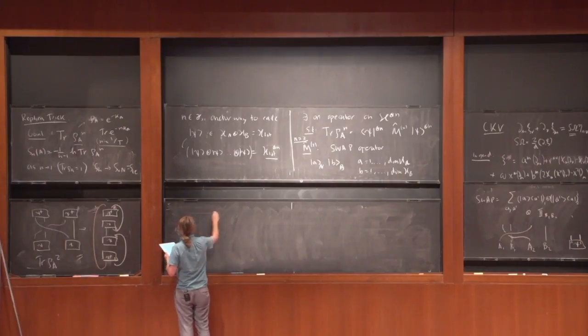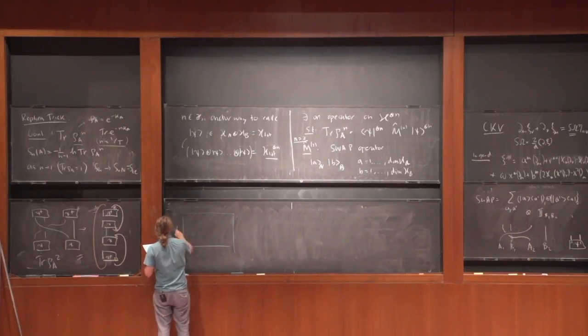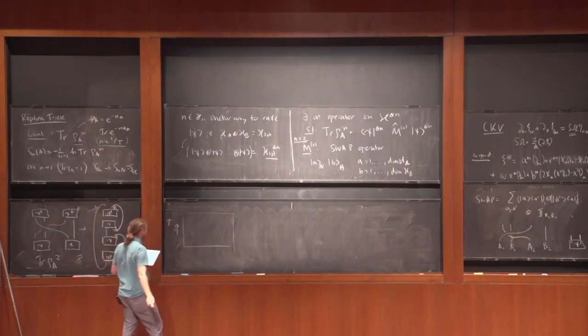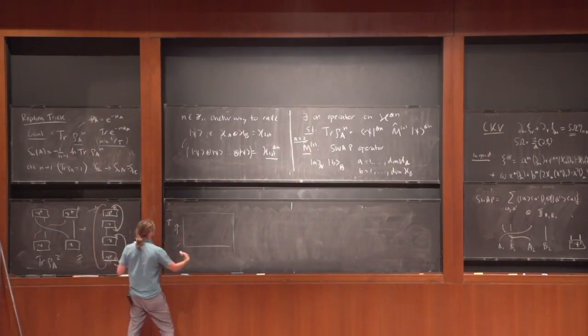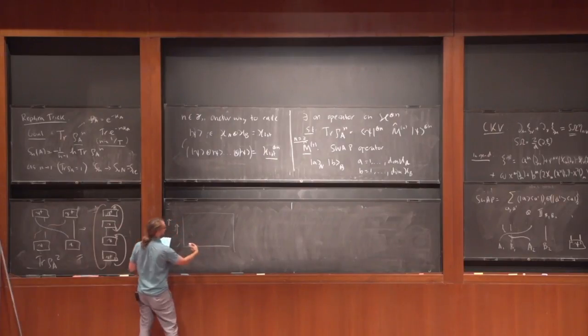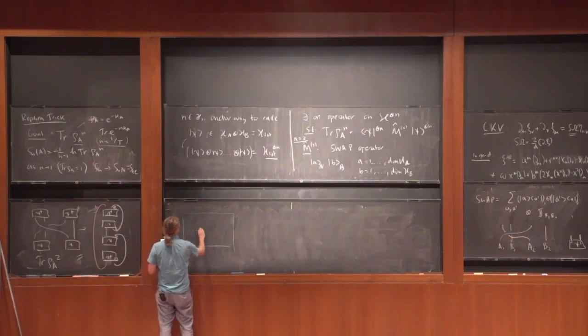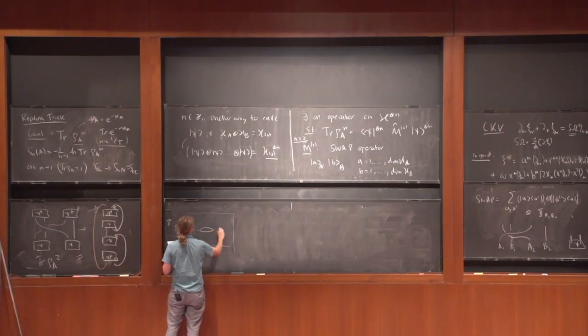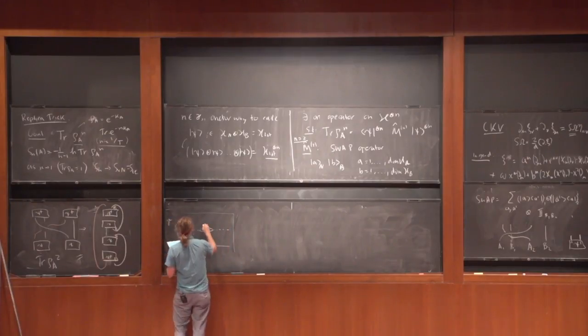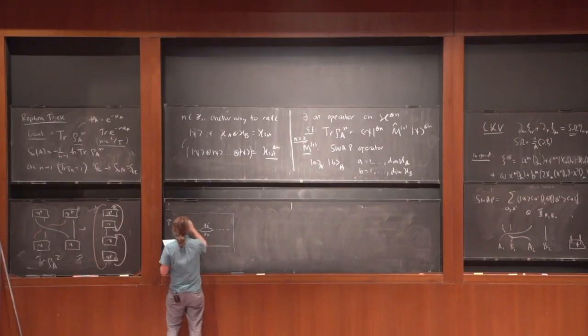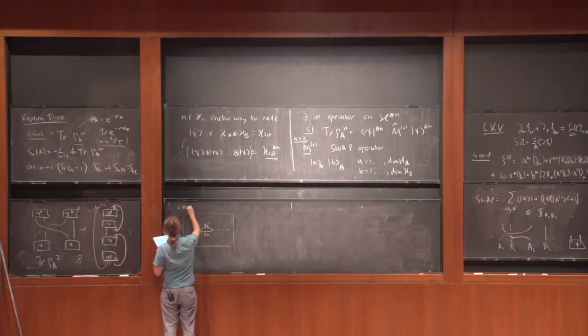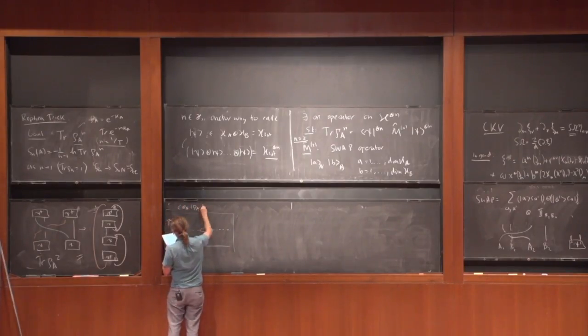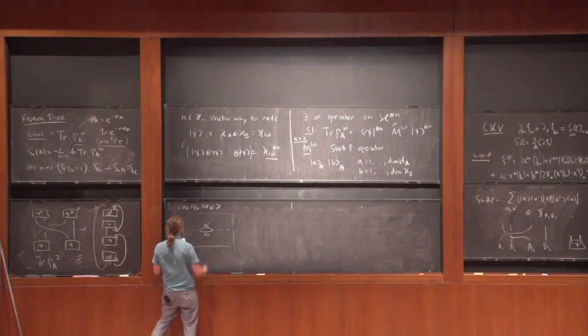So in particular, we did a path integral. So this is the Euclidean time t. And we did a path integral in Euclidean time from -infinity to project onto the ground state. And then we had our cut here. And then we put some states here, phi A prime, and this represents phi A, rho A, phi A prime.